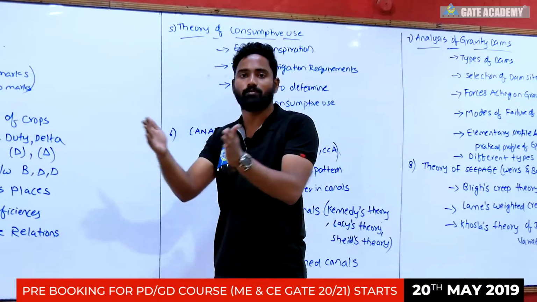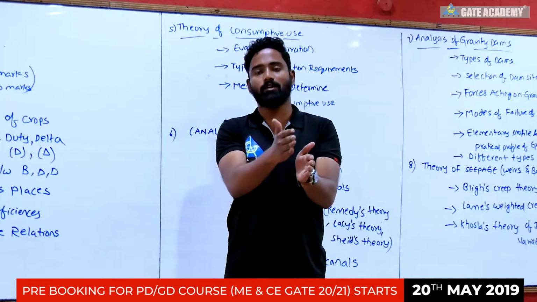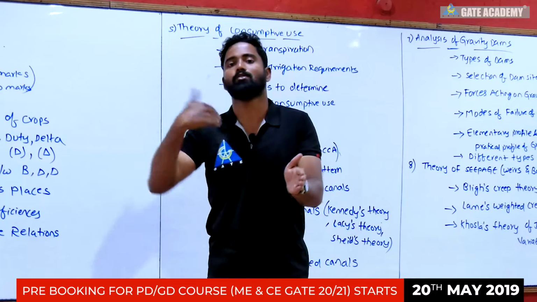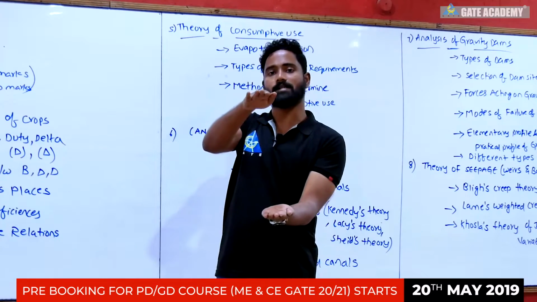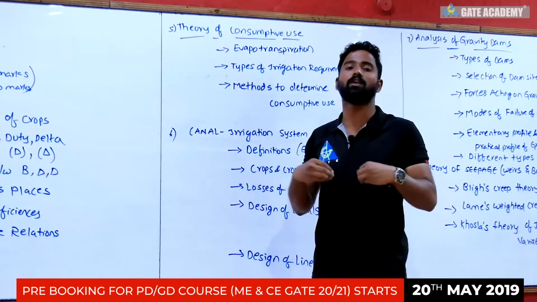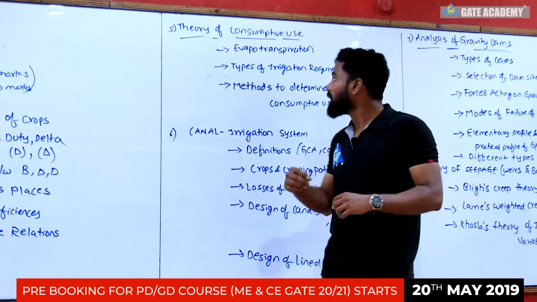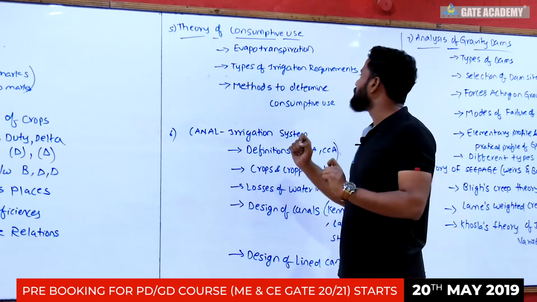For example, if for 10 days you have provided 10 cumecs of water, after 10 days you will provide one more 10 cumecs of water to bring the field to field capacity. So based on consumptive use, you can find out the frequency of irrigation. Each and everything will be discussed in the P-Drive courses.